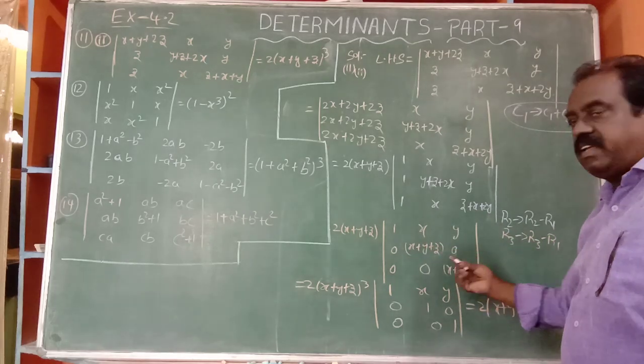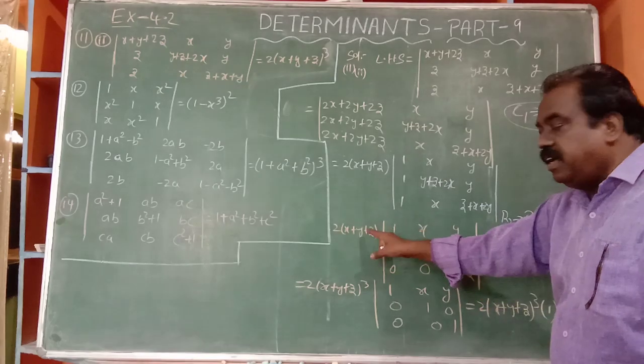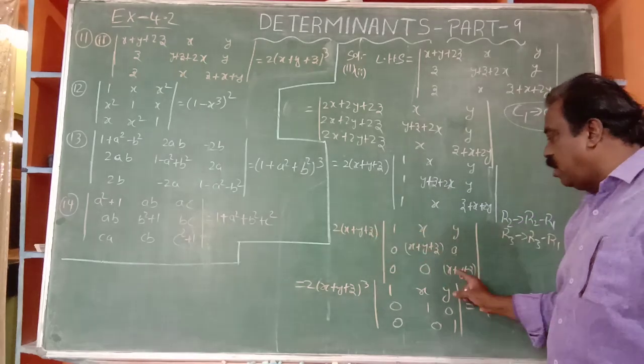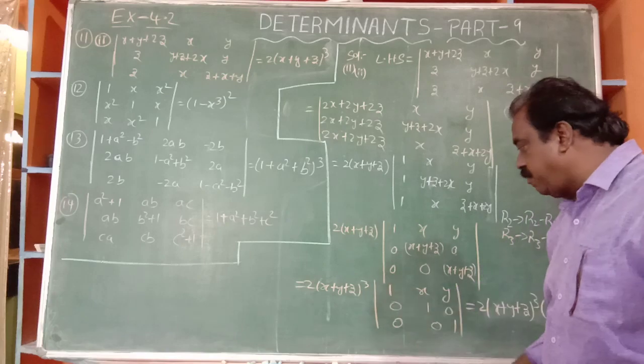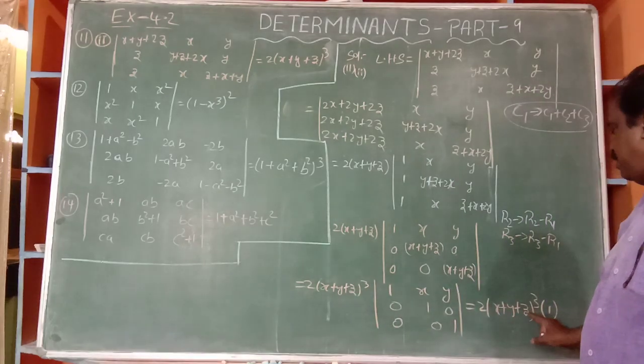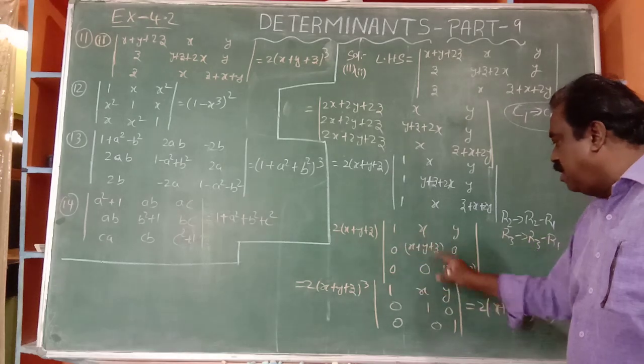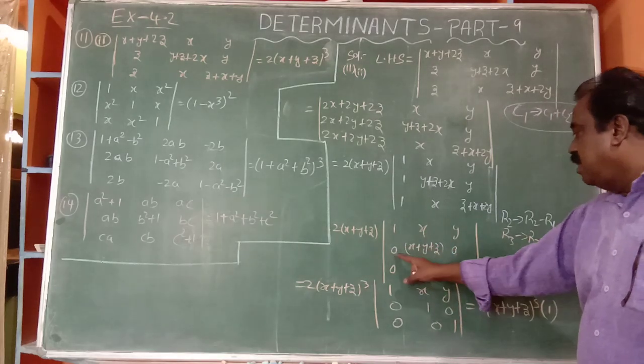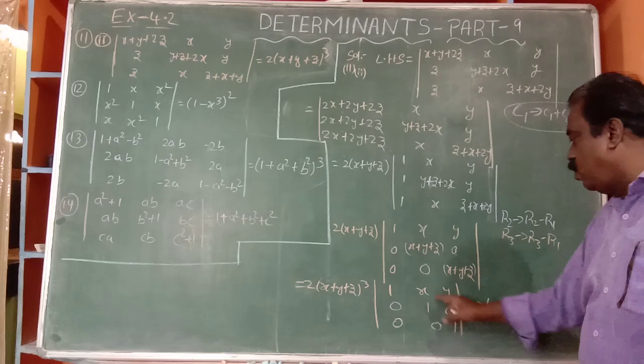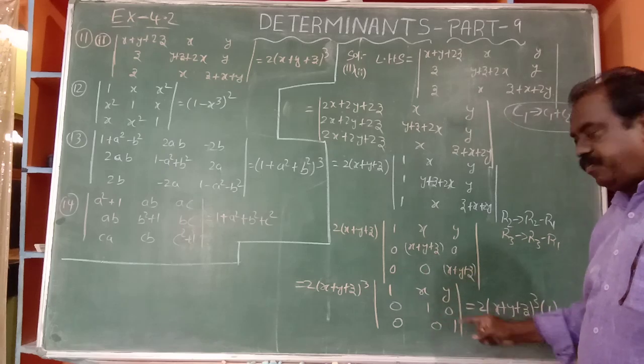So 2 times we are taking that factor. Already 1 time is there, 1, 1, 1. So cube will form. So 2 of x plus y plus z whole cube. Okay? And there remain 1, here x, y. Here 0, here 1, 0, 0, 0, 1 only.